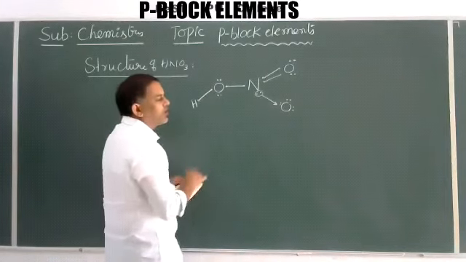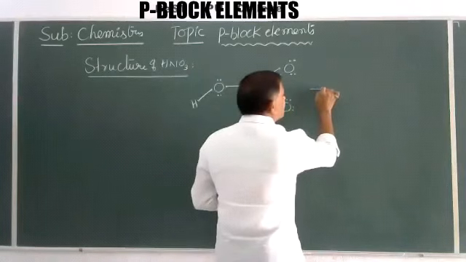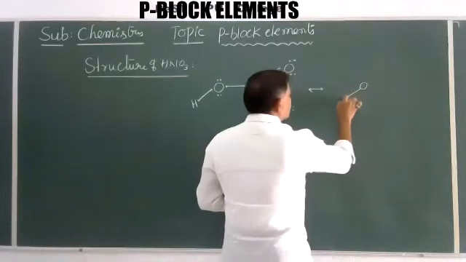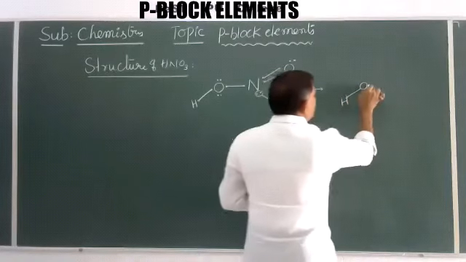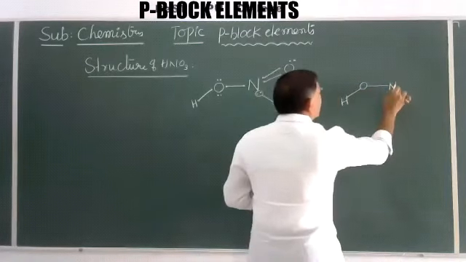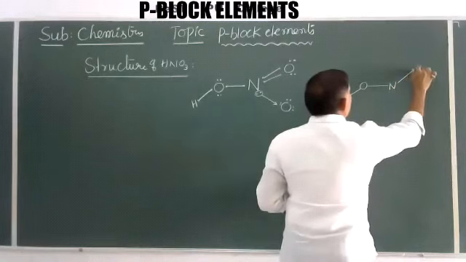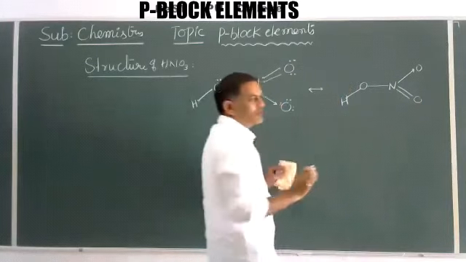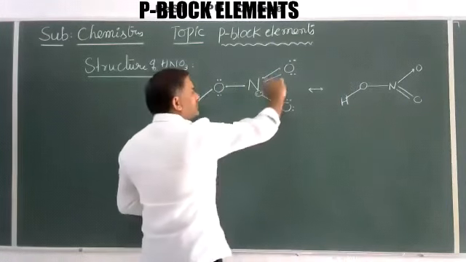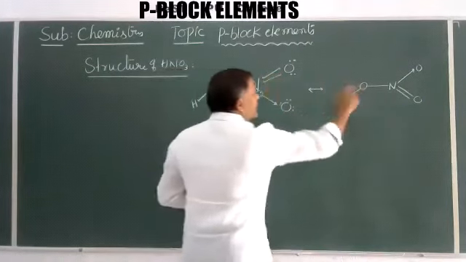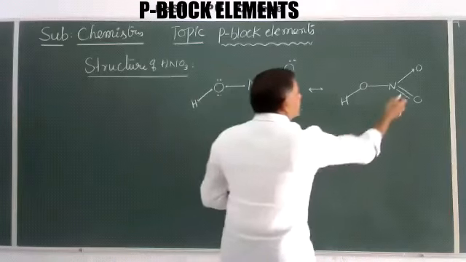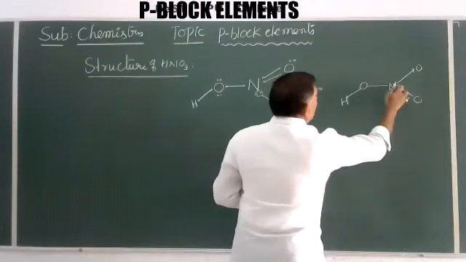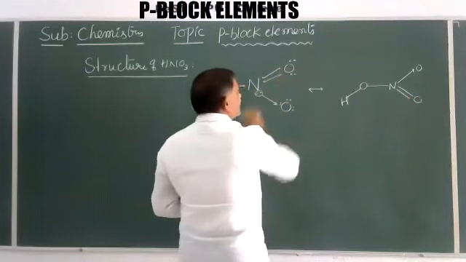If we take a resonance structure for this, with oxygen and hydrogen here, this is nitrogen. Here take the coordinate bond and here the double bond, that is resonance. Only variation is these 2. Double bond is present between nitrogen and this oxygen atom, or in this case between these 2.